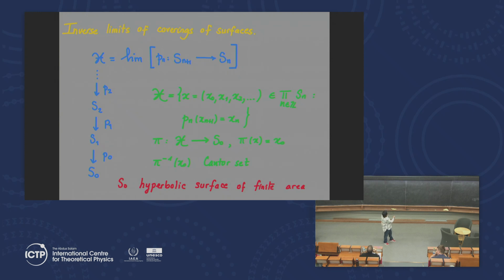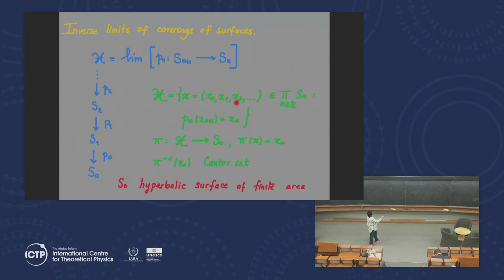If you haven't seen the inverse limit construction, it's the following. It's something very similar to a space of pre-orbits of an endomorphism. You take all sequences where each xn belongs to the surface Sn at the nth level in such a way that when you take the first covering, this point goes onto this one.